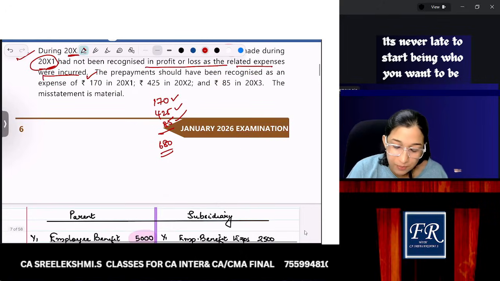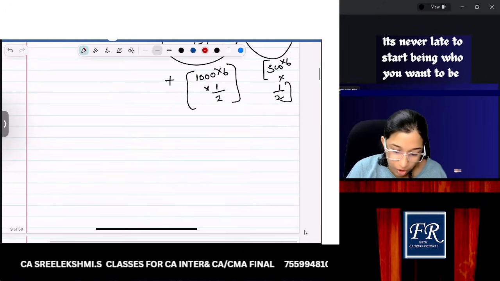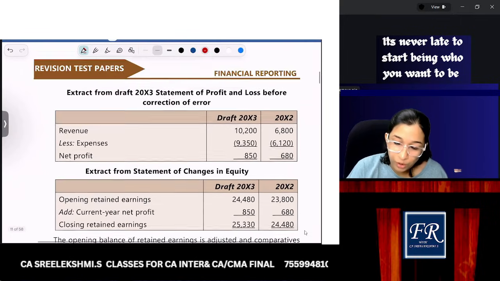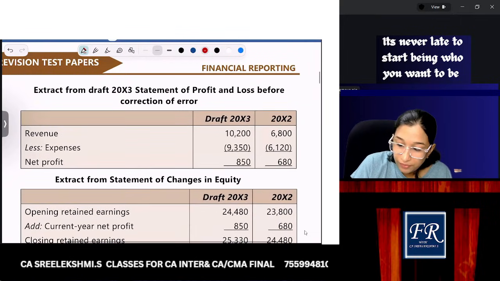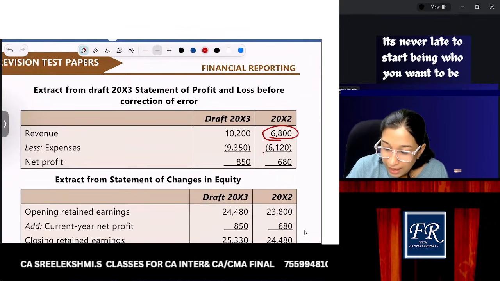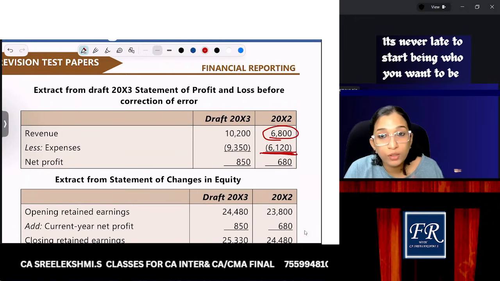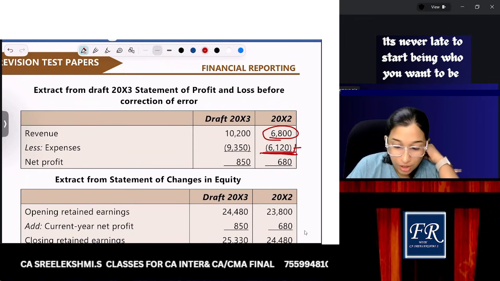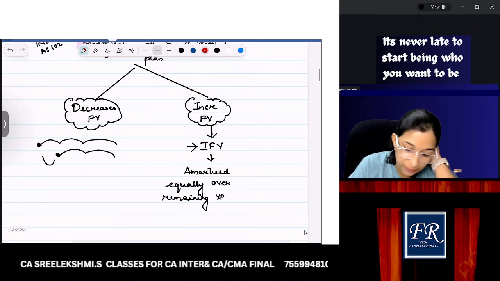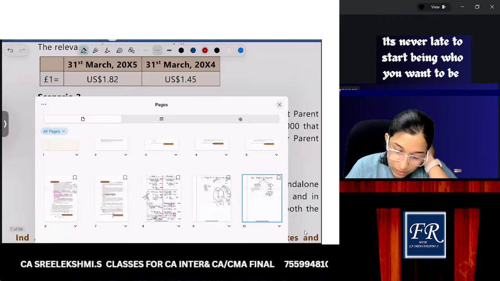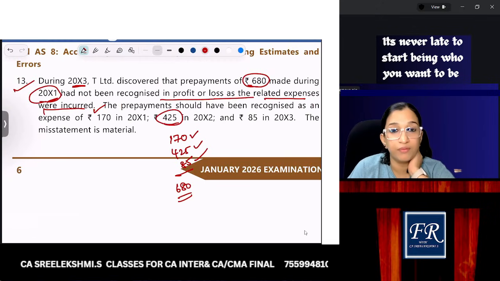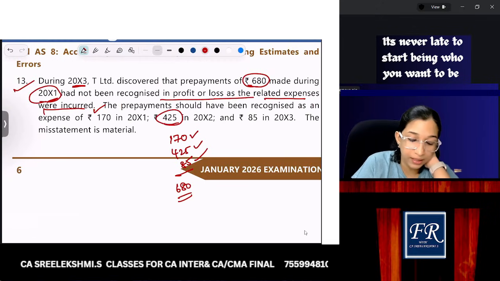The misstatement is material. Okay, so what is given? Revenue 2012 6800, expenses 6120. The expense should have been 6120 plus 425 in 2012, which is not recognized here.